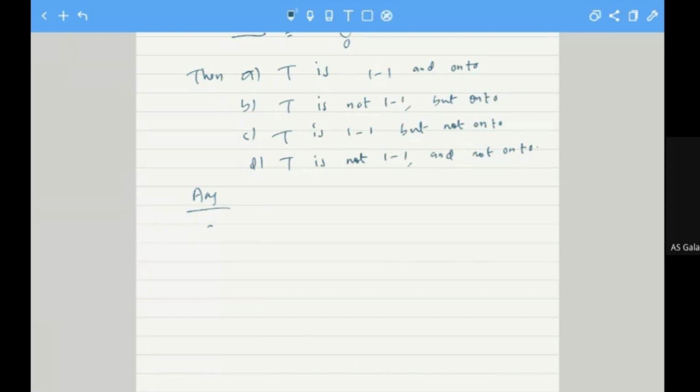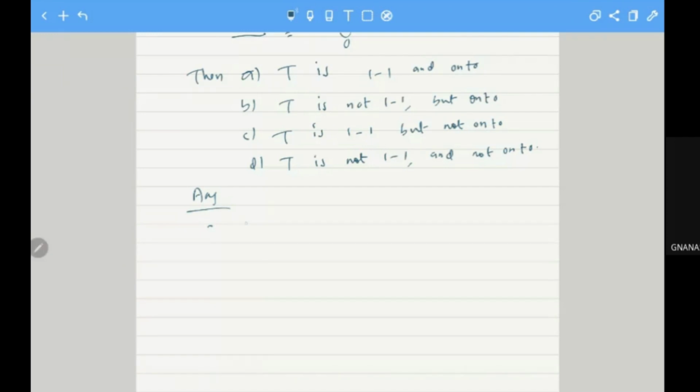T is not 1-1 as well as not onto. The last option. Yes, sir. Okay, let's look at this problem.